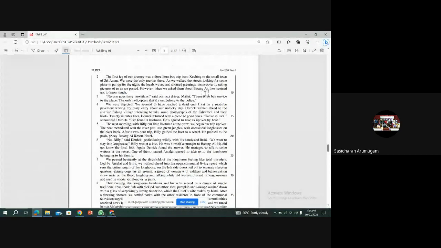The first leg of our journey was a 3 hour bus trip from Kuching to the small town of Sri Aman. We were the only tourists there as we walked the streets looking for some place to put up for the night.